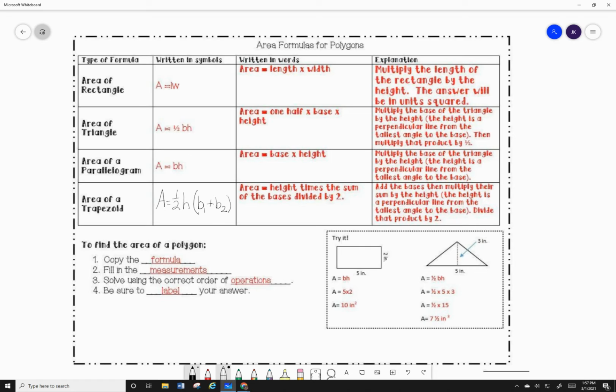So this formula requires us to use order of operations and is going to require us to really think about the parts of a trapezoid. So what I want you to do is go ahead and get that formula copied, and then pause the video and copy in these next two boxes here and here with the formula written out in words and then an explanation of the formula. And when you restart the video, we're going to do some trapezoid solving together.